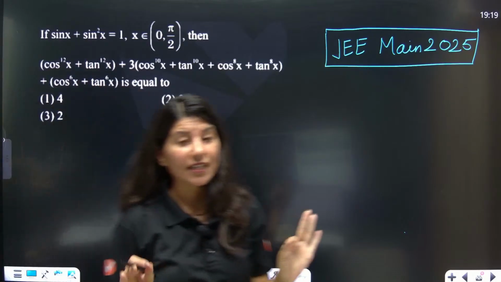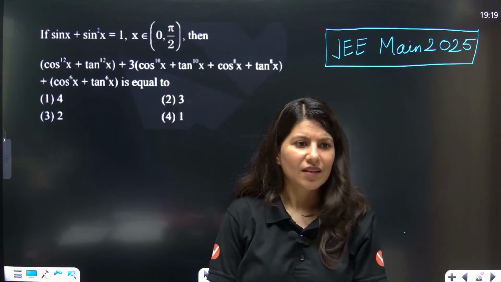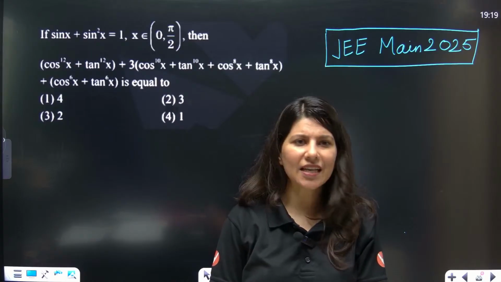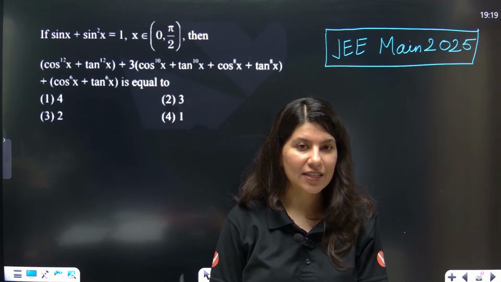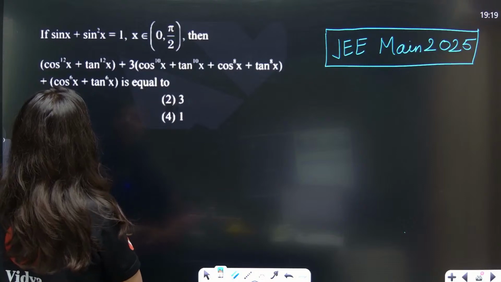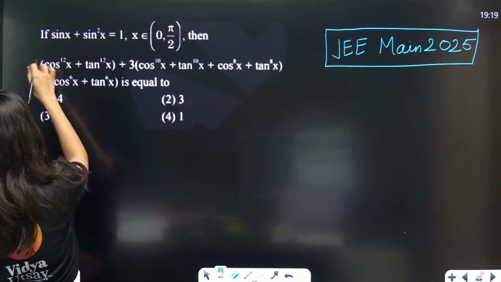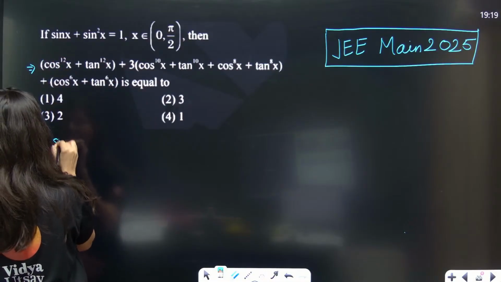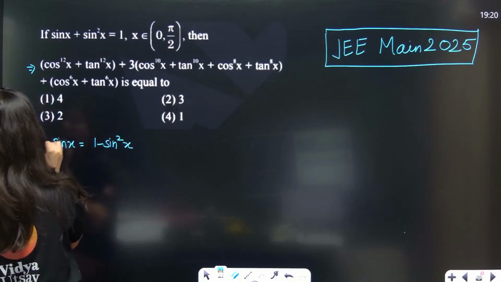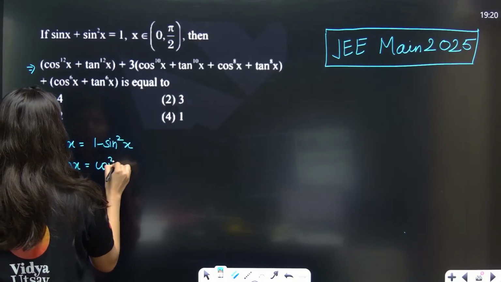By the way, even a 10th class student can do this question. Just tell me honestly, whatever we have studied in this particular session, don't you think even a 10th class student will be able to tell this? Yes or no? Yes? Okay. So now sin x plus sin square x is equal to 1, and we need to tell the value of this expression. So sin x is equal to 1 minus sin square x. Can anybody tell me what is 1 minus sin square x? So sin x is equal to cos square x.